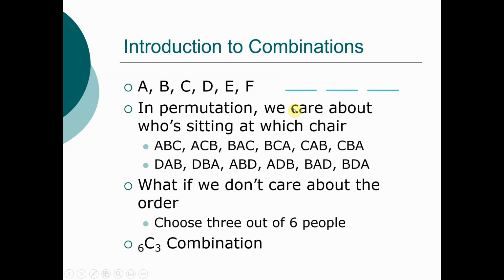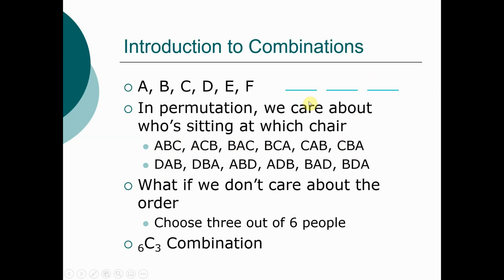But in those permutations, we are counting each group of 3 people or 3 objects 3 factorial times, right? So you see that A comma B comma C is counted 6 times in this permutation problem.